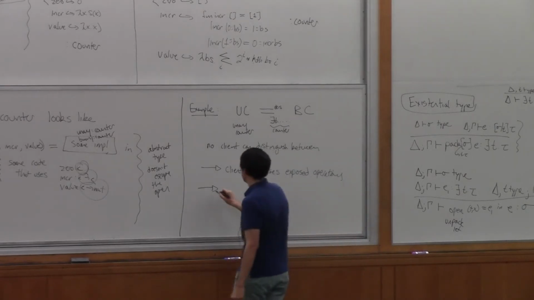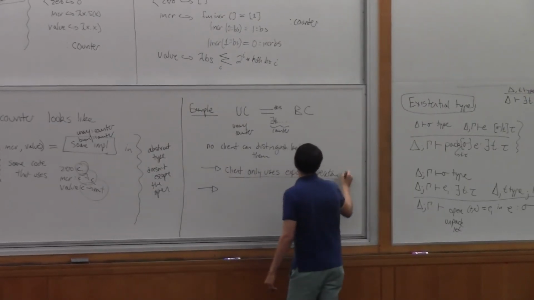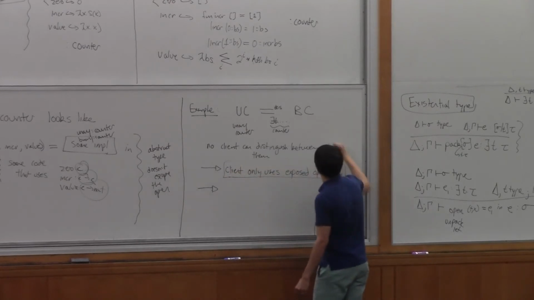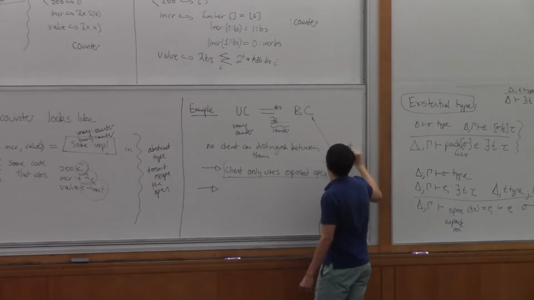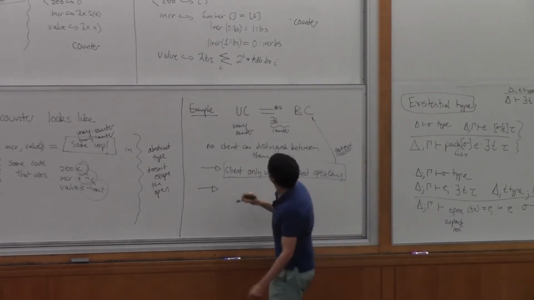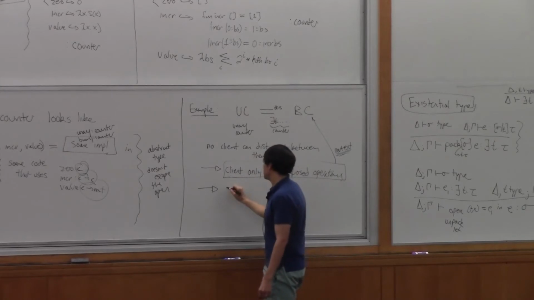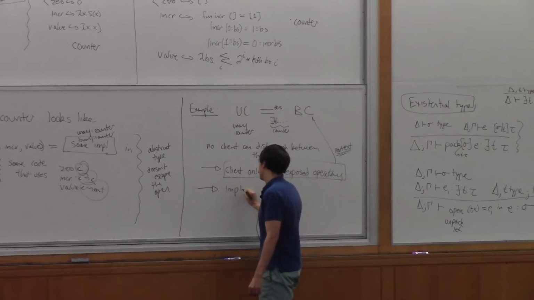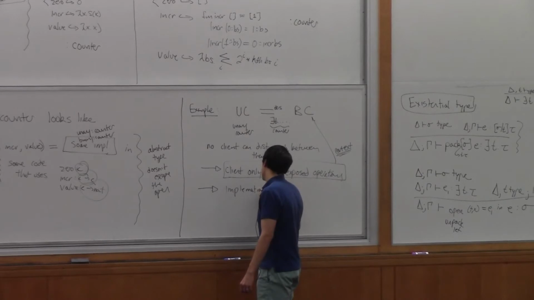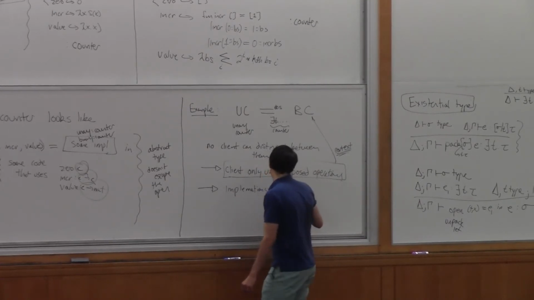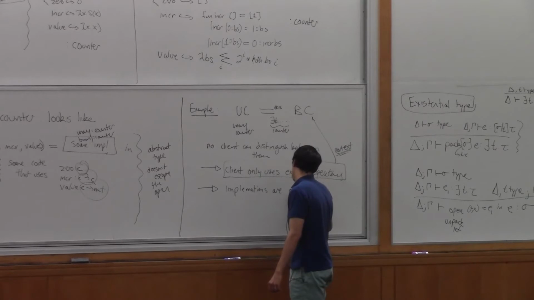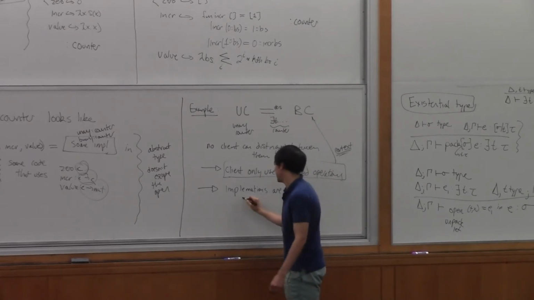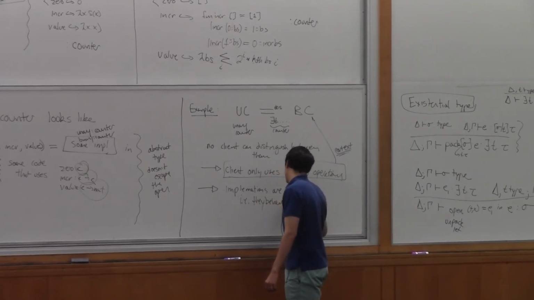And then point two, right? So this is kind of the idea that the client is a context that accepts values of this type. Point two is that we want to argue that the implementations are observationally equivalent. That is, they behave the same.